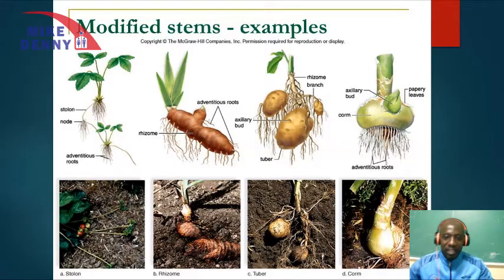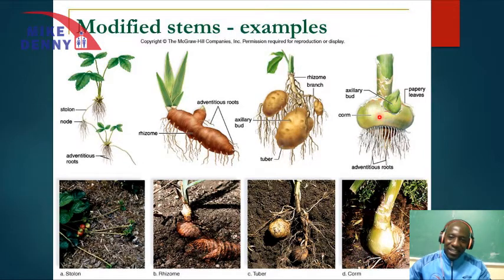As we'll get into some types of stems, if we look at this, I'll try to find out, can we identify some of these plants? Yes. This one. Can somebody identify? Somebody is saying it's like onions.